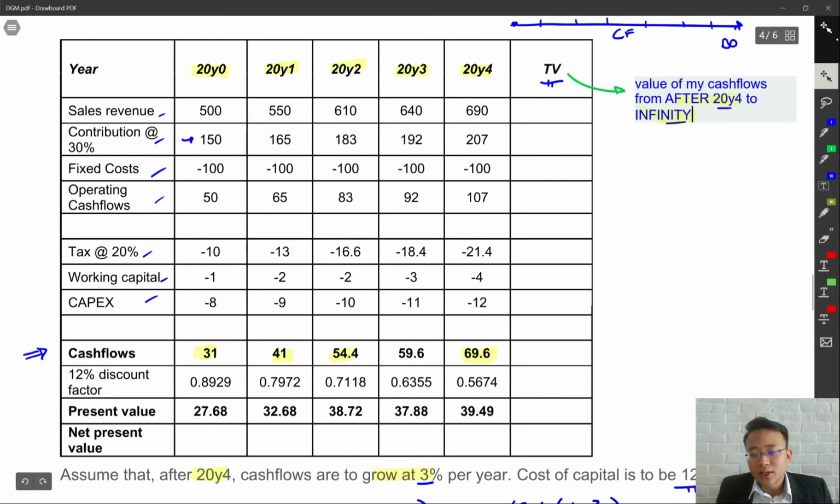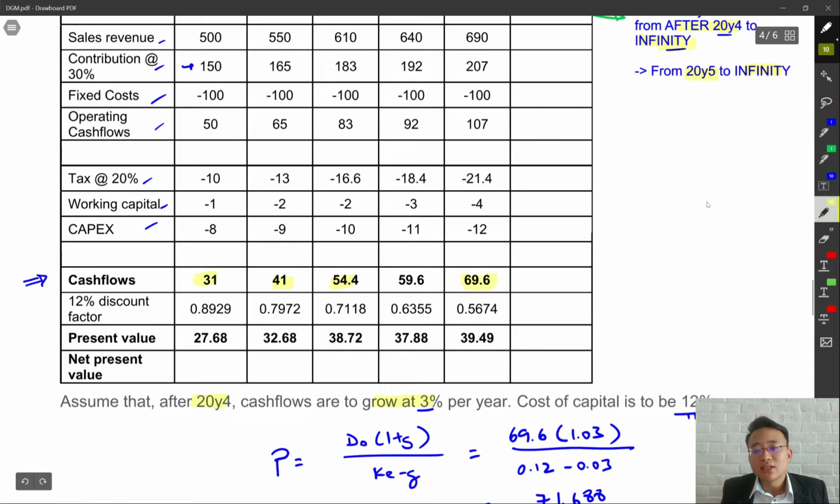Alright, I'll do it again. Okay, why not we say, isn't it the same thing? From 20Y5 to infinity. Because after 20Y4 is 20Y5, right? So why not we call it that? It is easier to comprehend as well. So my cash flows from 20Y5 to infinity is valued now at 796.53.